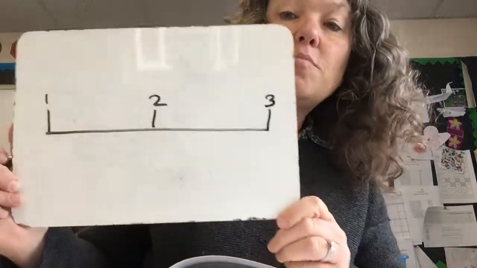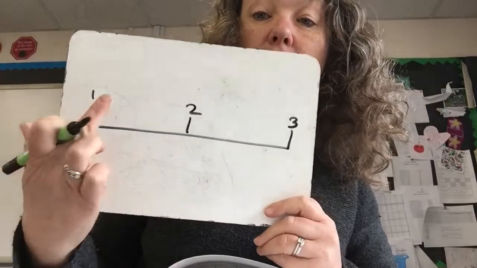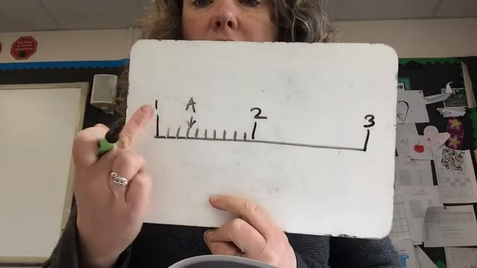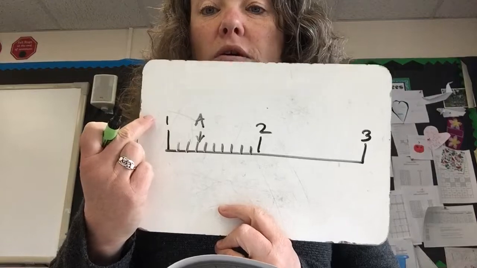Now that's it simply, but the one in the book has got lines in between them all, and it asks you to write down what numbers are in certain places. So 1, 2, 3, 4, 5, 6, 7, 8, 9. Here we go. So A points to A there. Now this is one whole one.